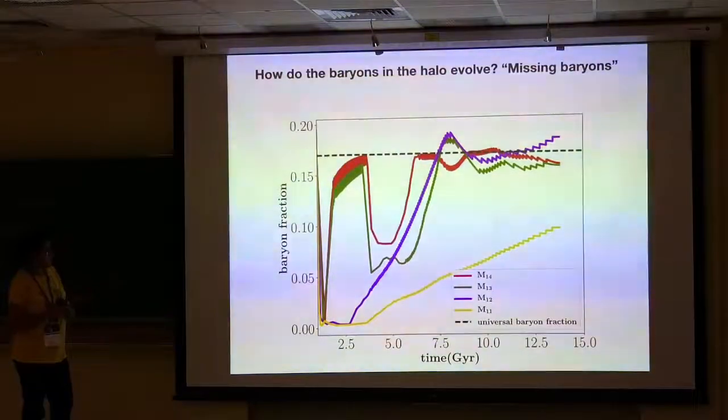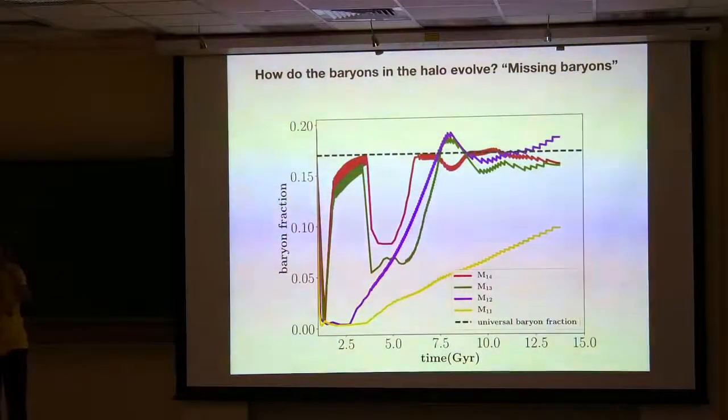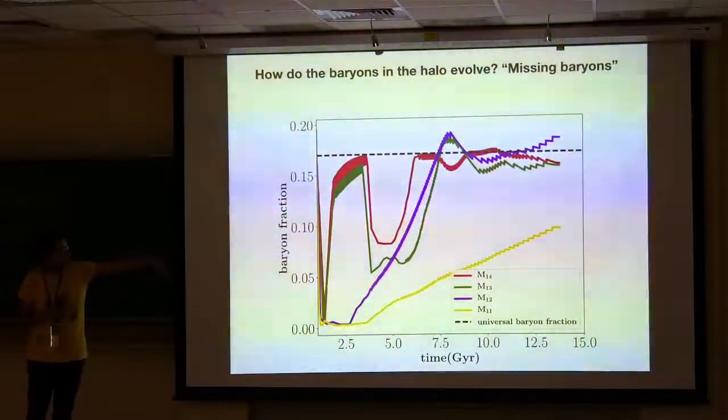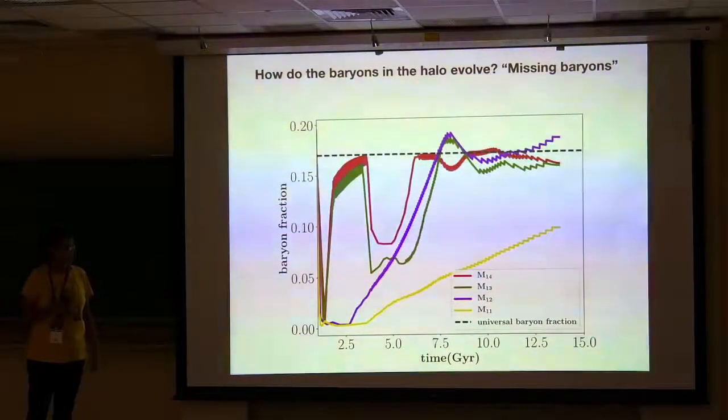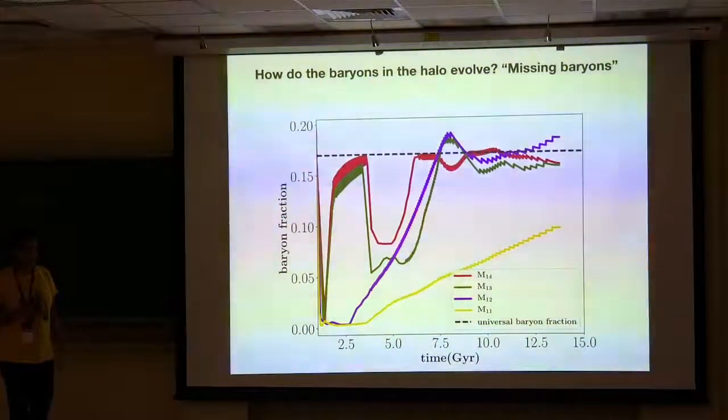The smallest one, which is the yellow, has a lot of baryons missing for most of the time. There is a feedback event initially. It throws away most of the gas, and that gas takes a very long time to come back inside the halo. By the time we come to the current redshift, it's trying to recover, but there is not enough gas flowing in. So there are a lot of baryons missing in this smallest halo.